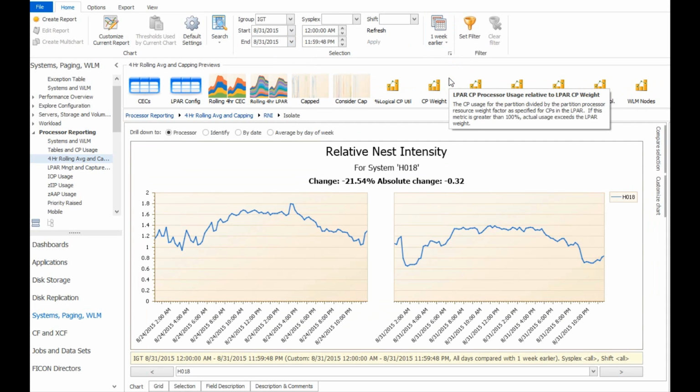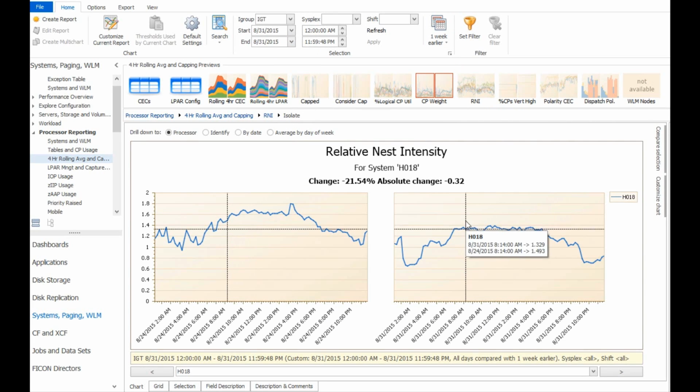And you can see that relative nest intensity, RNI, decreased significantly, over 20% in this environment as a result of this change that increased the number of vertical high CPs, where the work is executing and which does not experience cross-LPAR contention for processor cache.